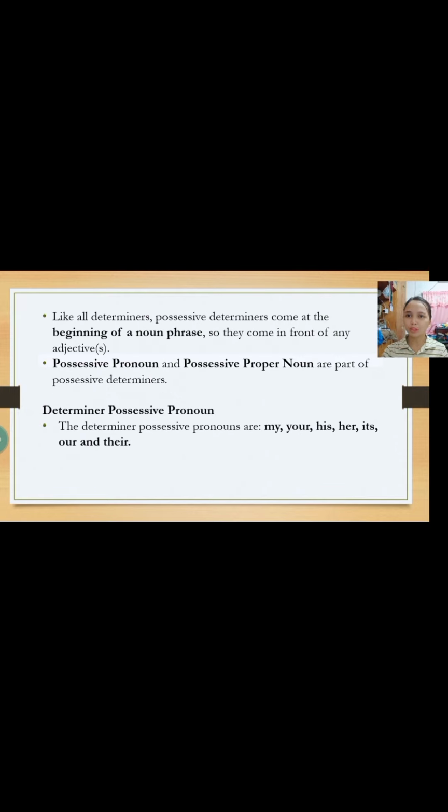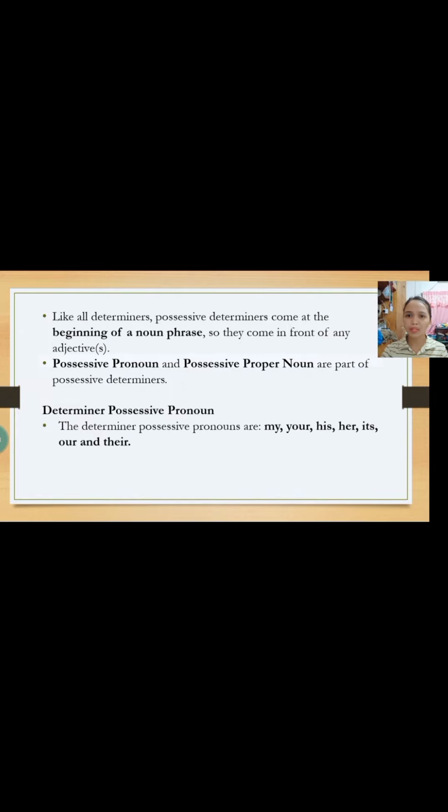Like all determiners, possessive determiners come at the beginning of a noun phrase, so they come in front of any adjective. To make it clear, you can use the title possessive adjective in identifying possessive determiners. But it says that possessive determiner is a more accurate description and a more accurate term.